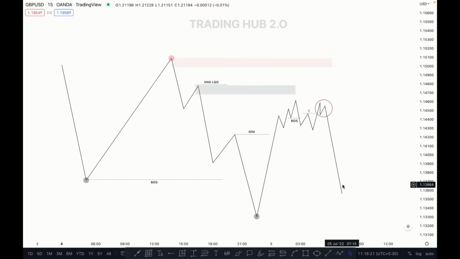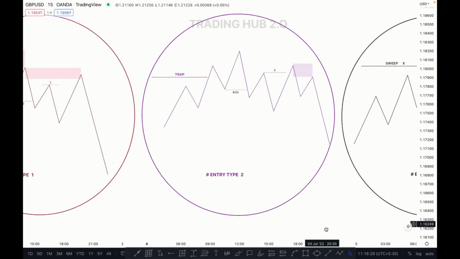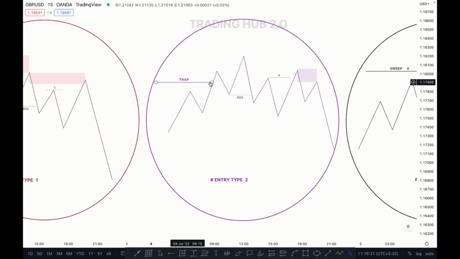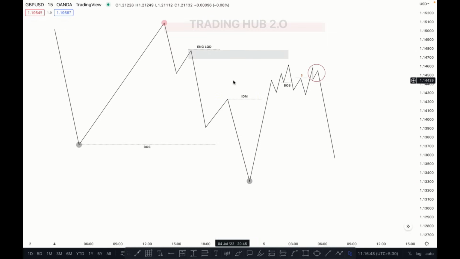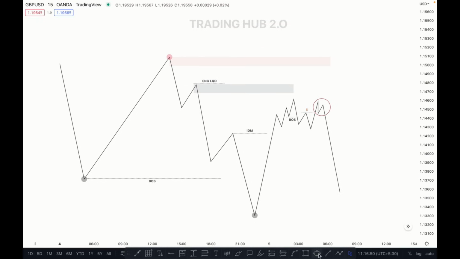So this is our first scenario when we can sell, and this is called entry type 2 as I mentioned here. Let me show you exactly here. The market traps and closes above it, then break of structure, takes out the first minor inducement, and then we can continue to sell. So this applies when the market breaks the structure and closes above it like this, meaning it takes out the inducement and takes out the high.